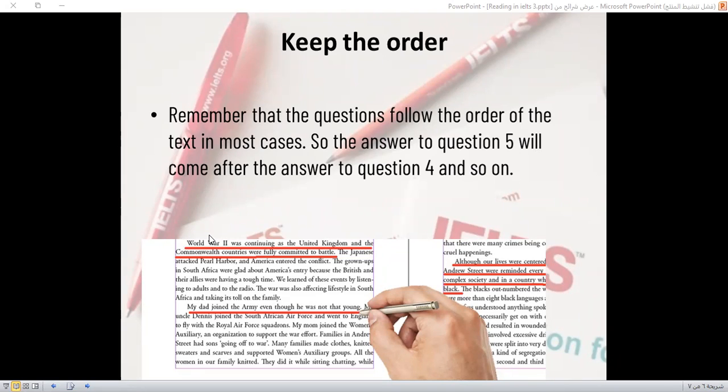Yes, teacher. Can you please read the title and the paragraph? Remember that the questions follow the order of the text in most cases, so the answer to question 5 will come after the answer to question 4 and so on.